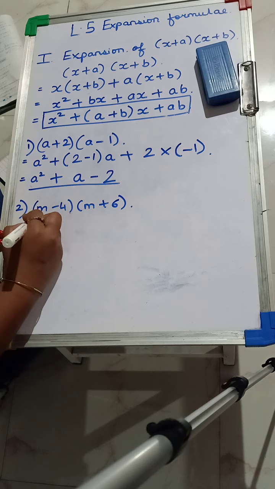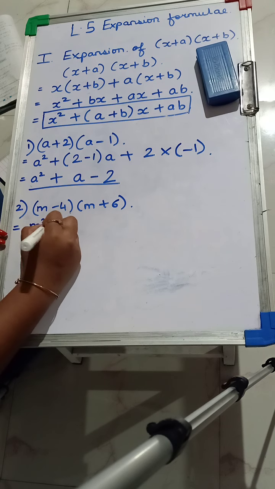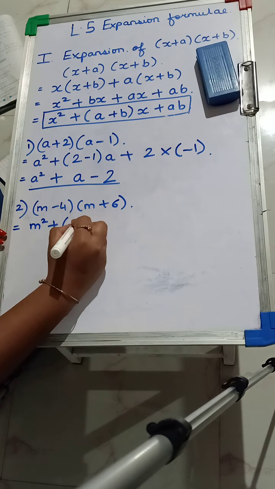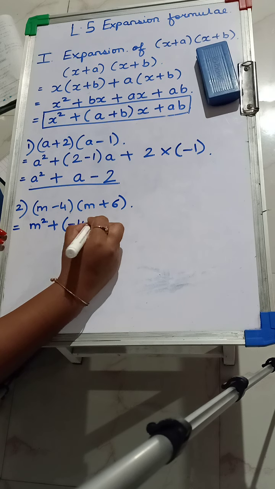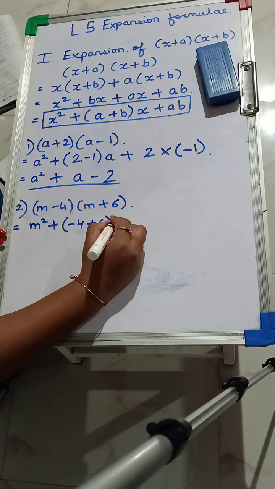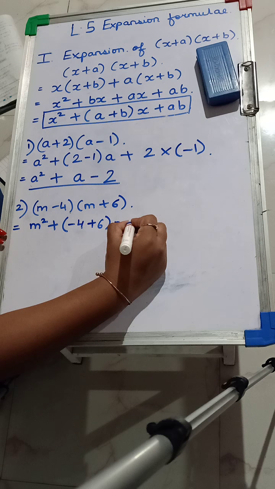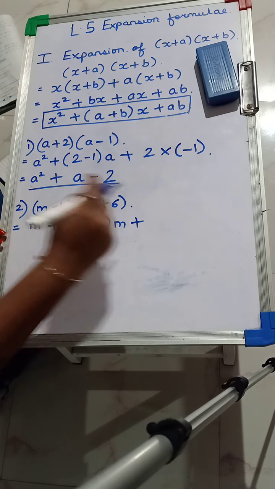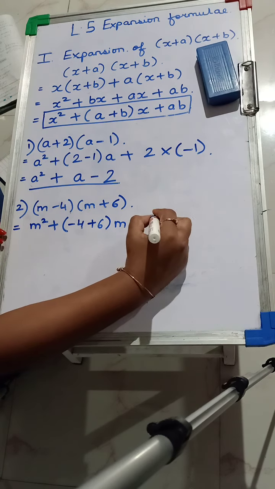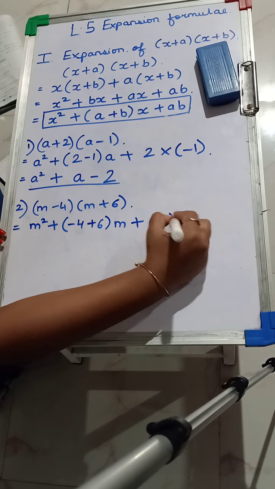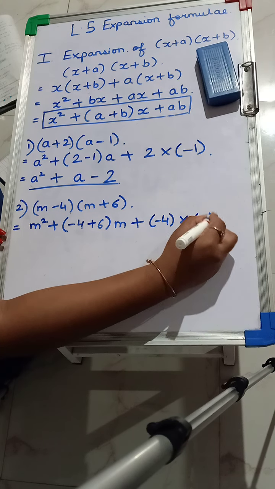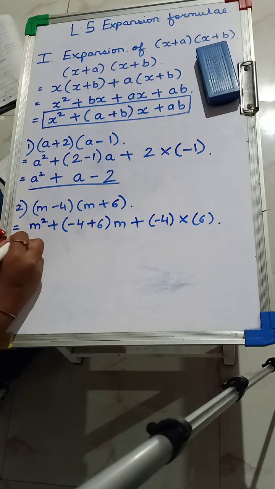So x square, that is m square plus, what is your a here? Minus 4. What is your b? Plus 6. x is m plus, what is ab here? a is minus 4 multiplied by b, that is 6.